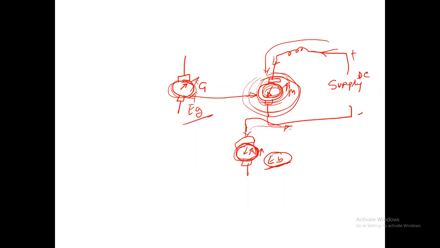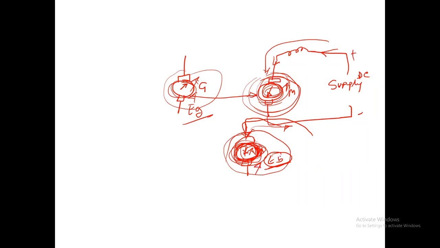The current flows in this part, then this part rotates. If this part is rotating, then this part is power developed, because this part is the armature, and the whole generator mechanism and motor mechanism are the same, so this part must be power developed.